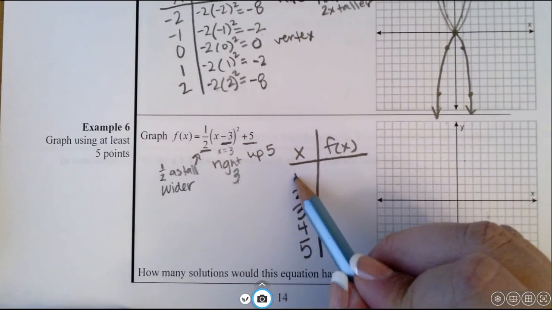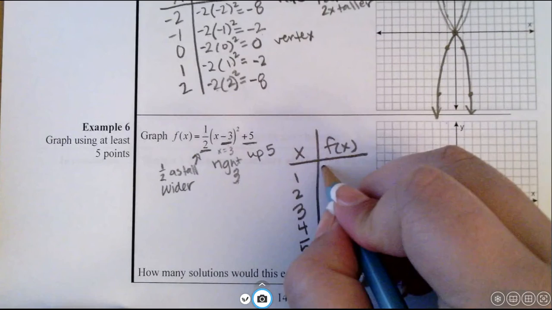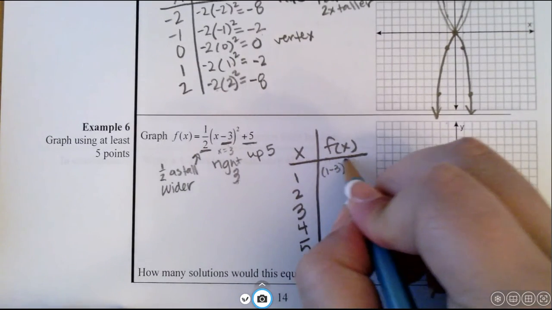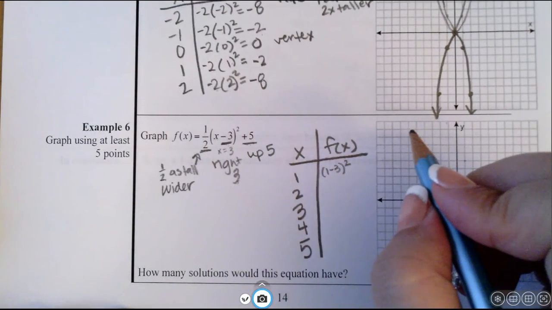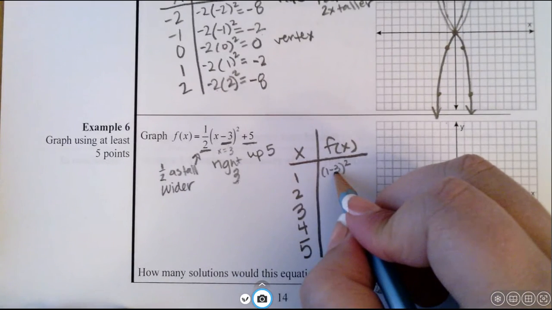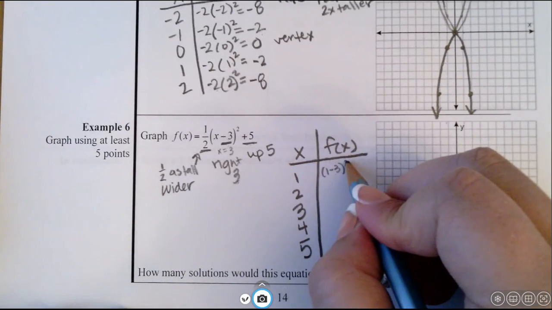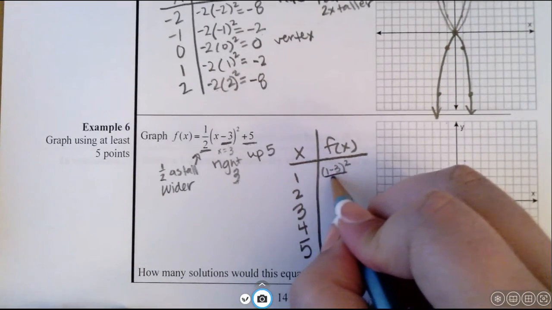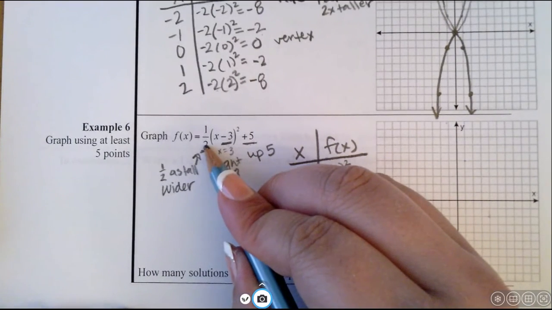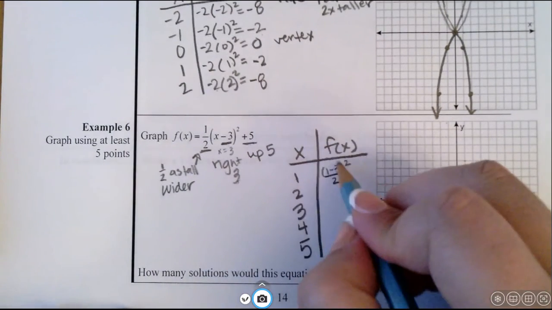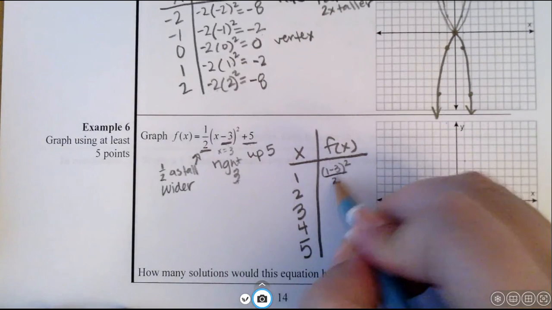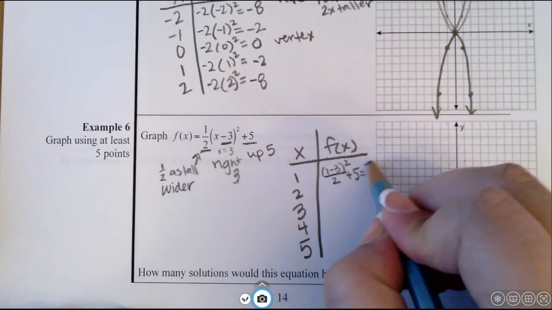So 1 minus 3 squared is -2 squared, which is 4, divided by 2, because that's what the multiplying by 1/2 does. So 4 divided by 2 is 2, plus 5 equals 7.